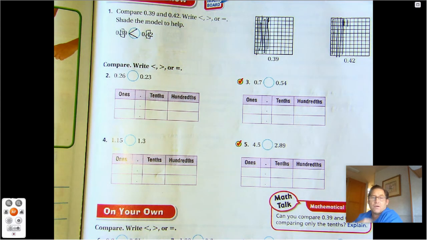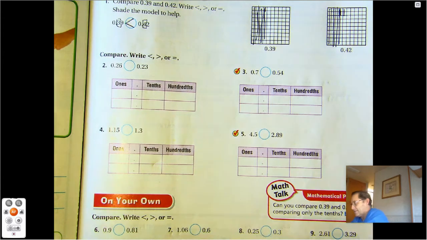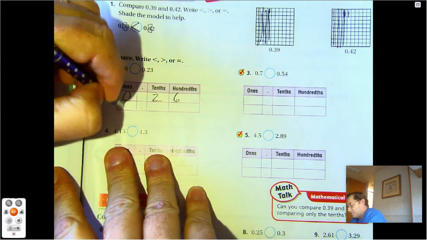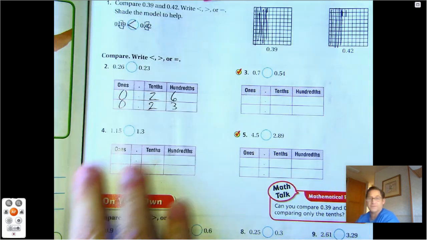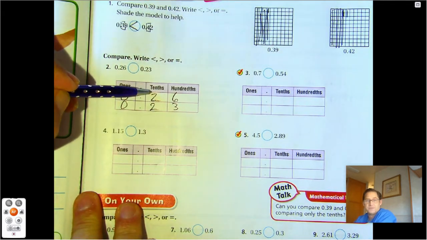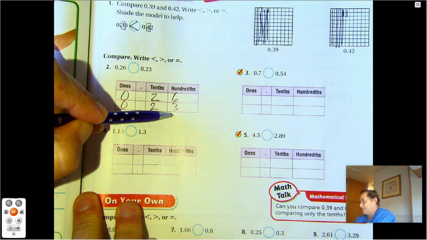All right, compare, write less than, greater than, or equal. 26 hundredths compared to 23 hundredths. So here, both of them have 0 ones. We go to the next place value. They both have 2 tenths. 6 hundredths is bigger than 3 hundredths.